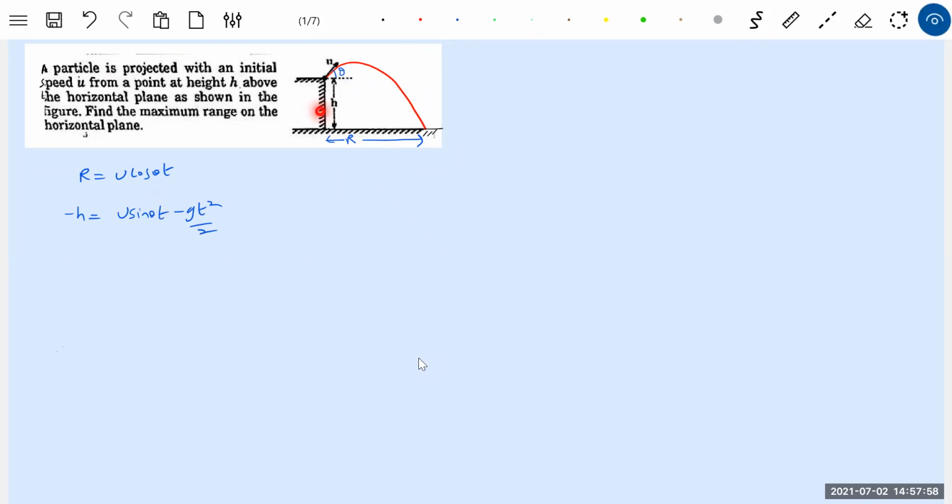Now why do we have this negative sign? Because u sin theta is upward, and g is acting opposite to the vertical component u sin theta. Look at the displacement when it moves from here to here: the net vertical displacement is minus h, which is opposite to u sin theta. So therefore this negative sign. Got it? That is why these negative signs are there.